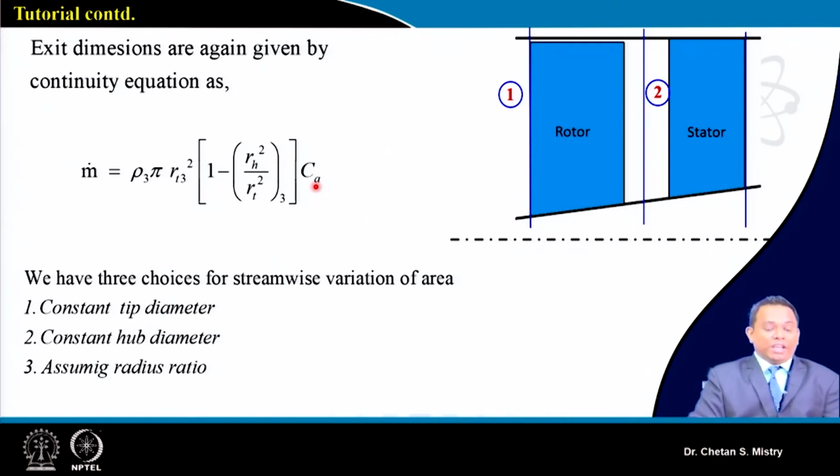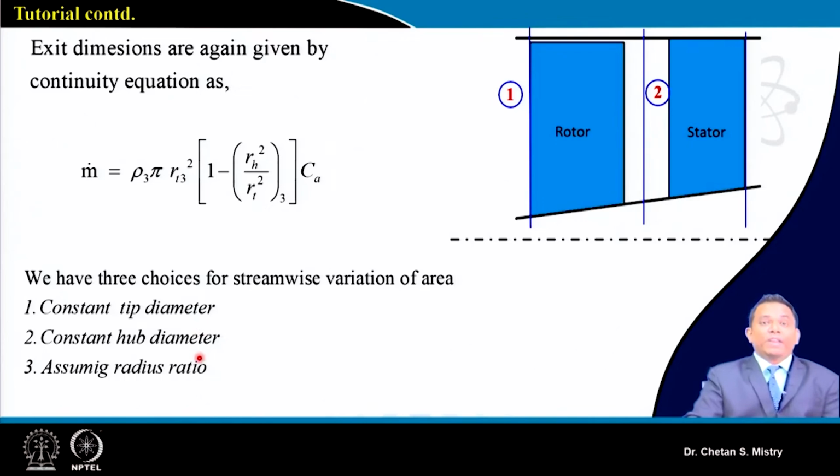There are three different possibilities. One, you can go with a constant tip diameter configuration. Two, a constant hub diameter configuration. Three, you can assume some radius ratio at the exit. Based on the kind of design we are looking for, we need to go with one of these configurations.